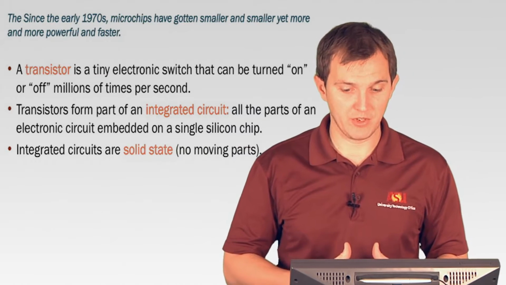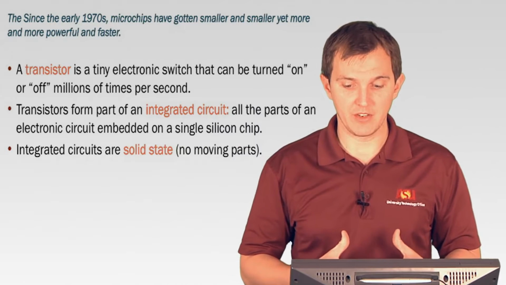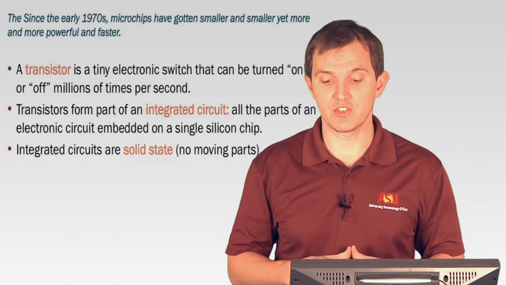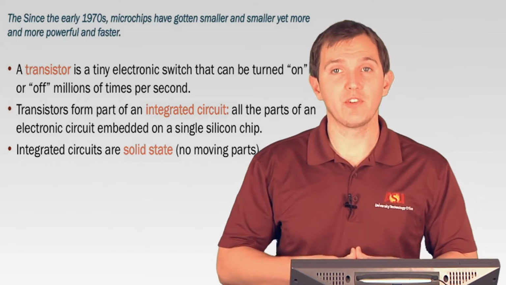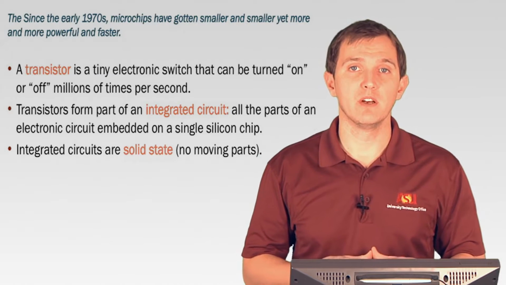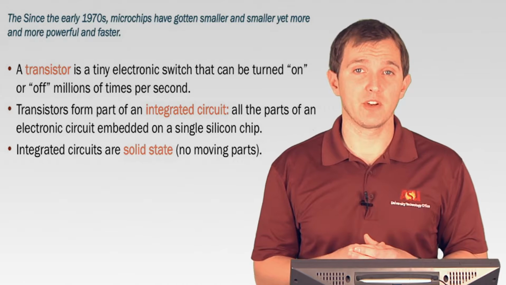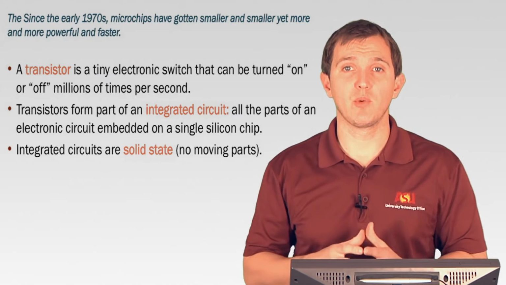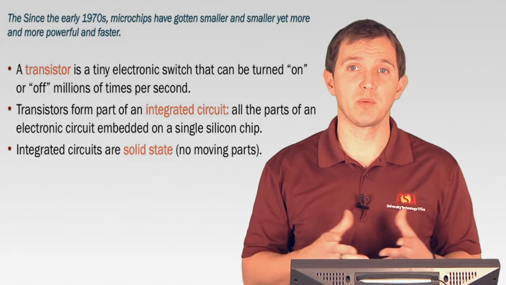Here we are, more about transistors. Transistors are integrated circuits in that they are embedded onto a single silicon chip on the computer's motherboard. An integrated circuit is solid state, which means that it has no moving parts, and we'll get into that a little bit more in the upcoming slides. Modern hard drives, or rather the hard drives that are pretty much on their way out at this point, are not solid state, in that they have moving parts inside them.